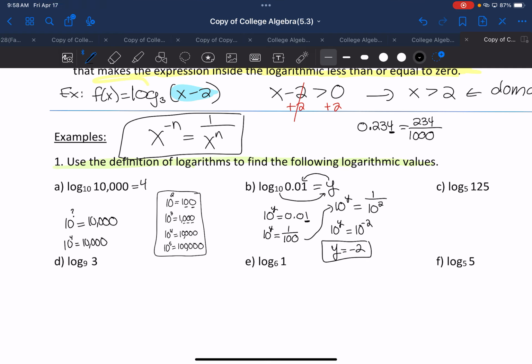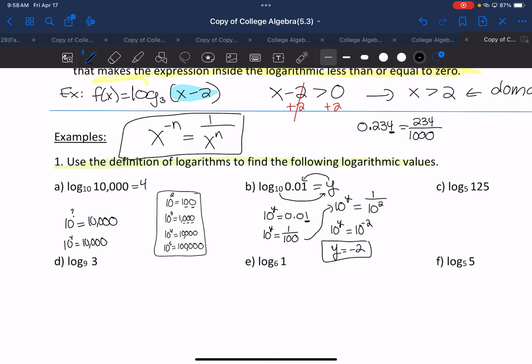Or that log expression would be equal to negative 2. Now, later on today, I am going to show you how to type this whole thing in your calculator, and then it'll give you the answer. But we need to learn why we're doing these things.